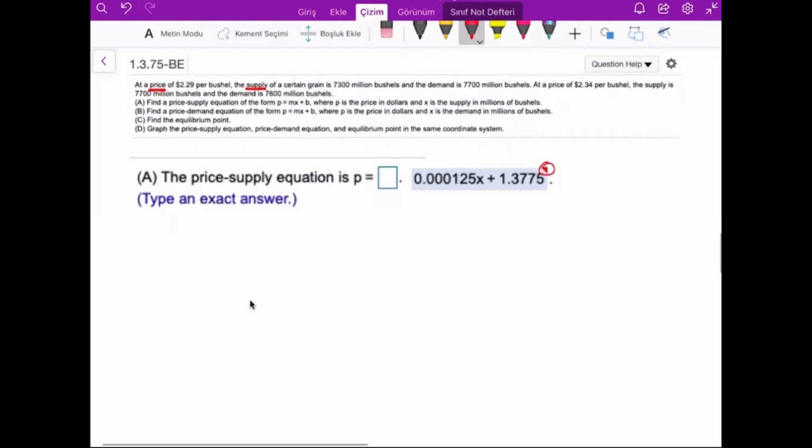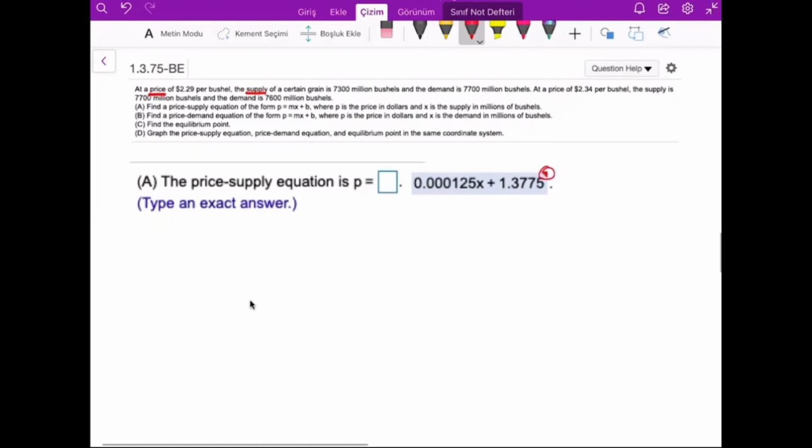Demand and supply will be given altogether. At this price, supply is this one and demand is that one. Find the price-supply equation of the form p equals mx plus b. This is linear again, and p is the price in dollars and x is the supply in millions of bushels.